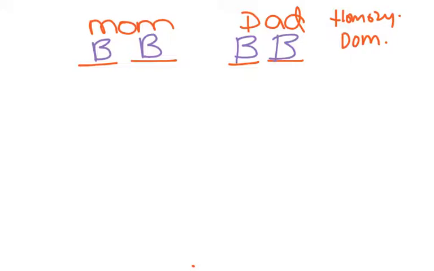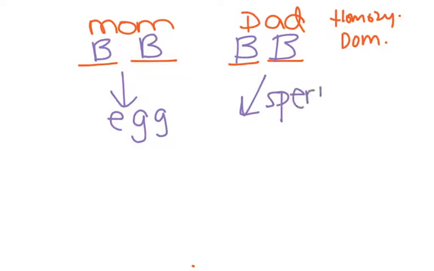So when we look at this, we know that mom is going to give one egg. Dad is going to give a sperm. And we know from our reproduction unit that an egg and a sperm are going to come together in fertilization. Now, when we look here, mom is only going to give one of these alleles.